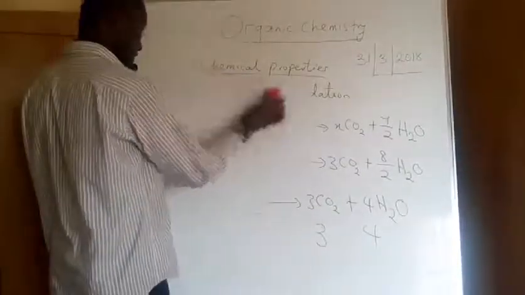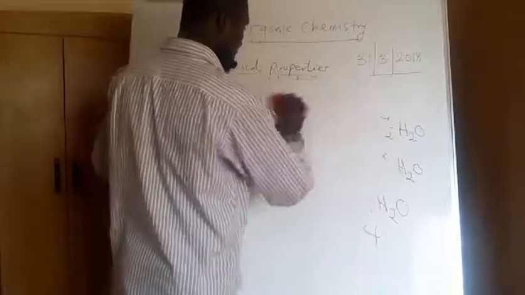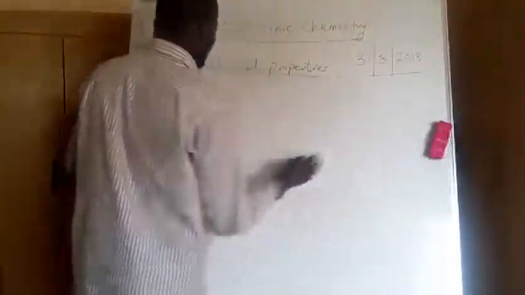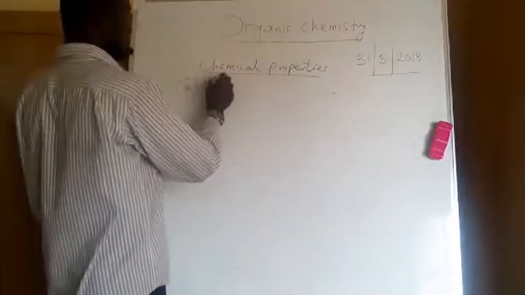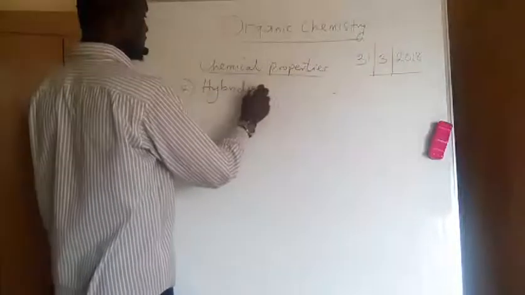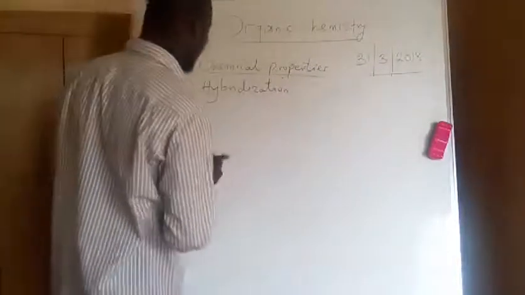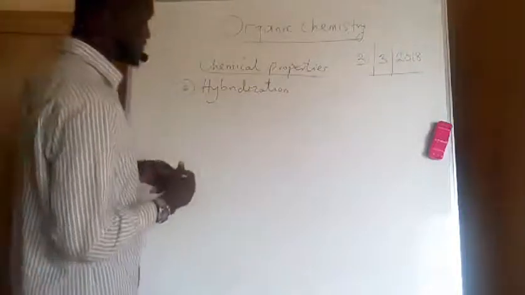So another property of alkane apart from combustion is, number 4, hybridization. Now, hybridization is similar to bond formation.